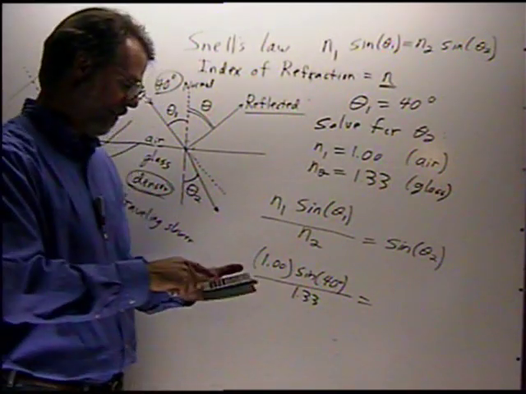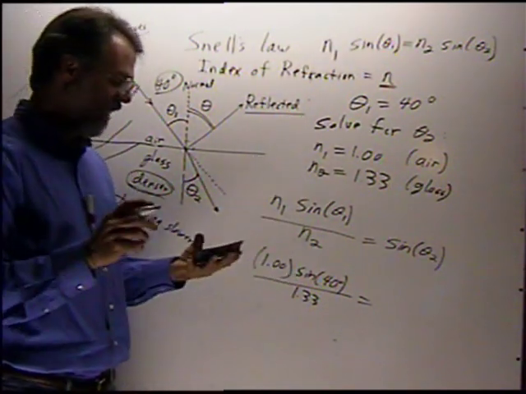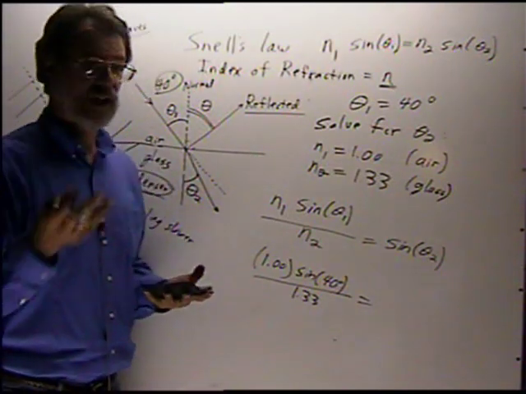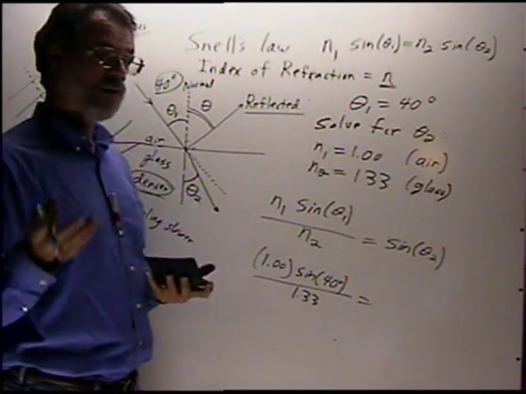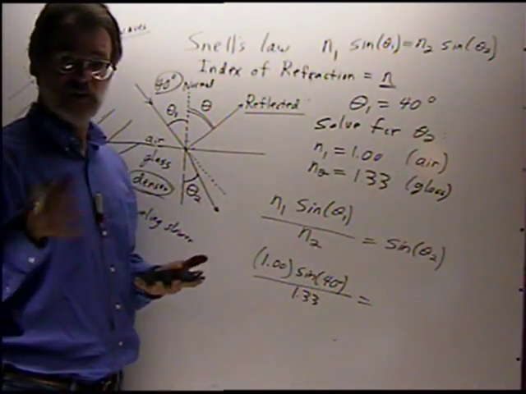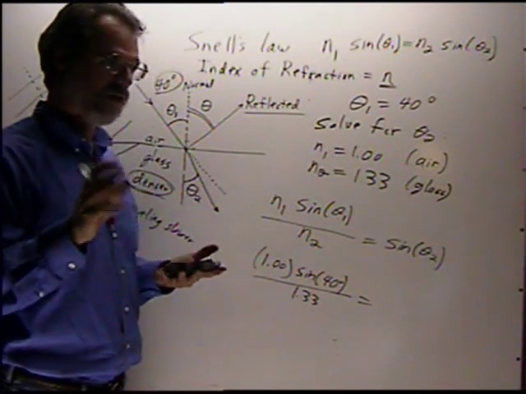Now take your calculator. Most calculators can flip between degrees and radians. Sometimes we want to use radians, but other times, like this, we want to use degrees, so make sure we're in degree mode.